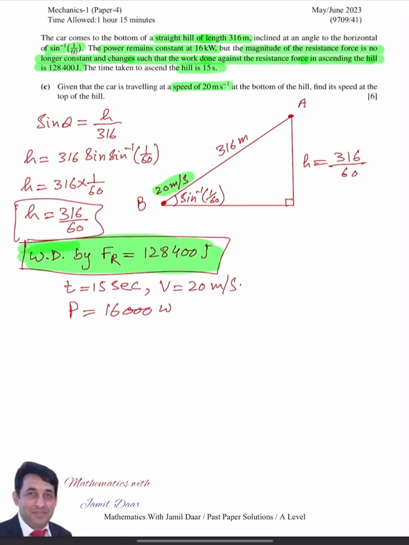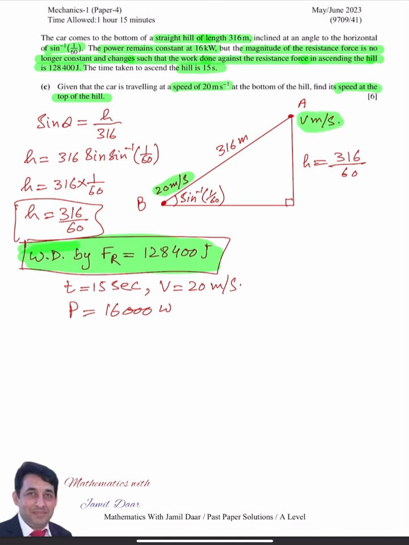The next is they are saying find the speed at the top of the hill. So we have to find out the speed at the top of the hill. So we suppose that speed at the top of the hill is V meter per second.